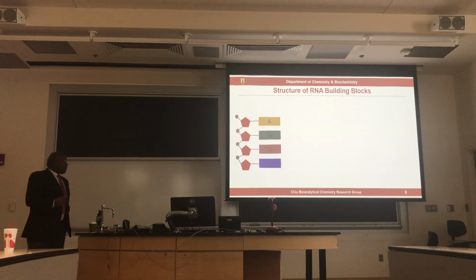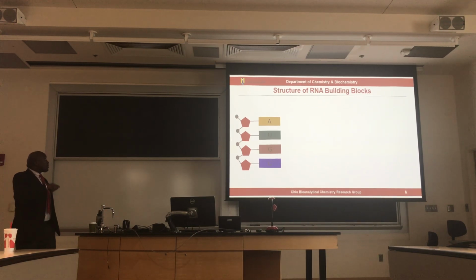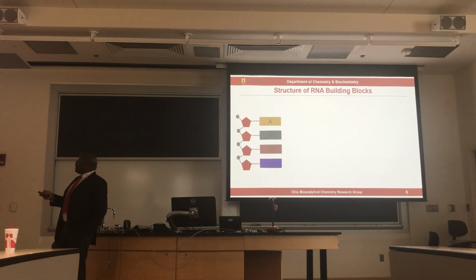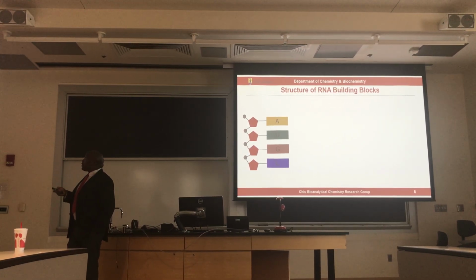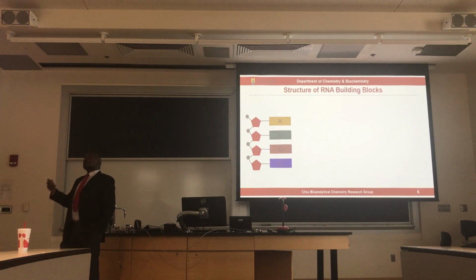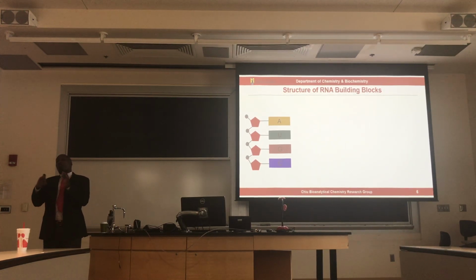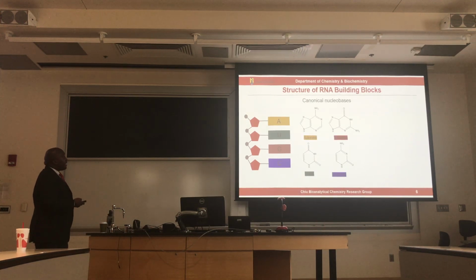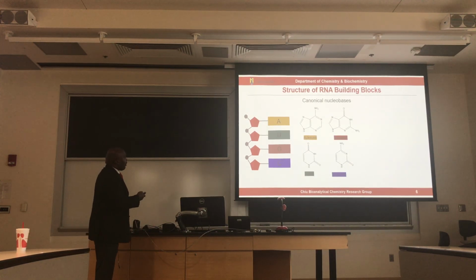So the building block for the RNA consists of the phosphate, the phosphodiester bond, which is linked to the sugar, which is ribose, and then the sugar is connected to nucleobases. And then these nucleobases can either be adenine, guanine, uracil, or cytosine.